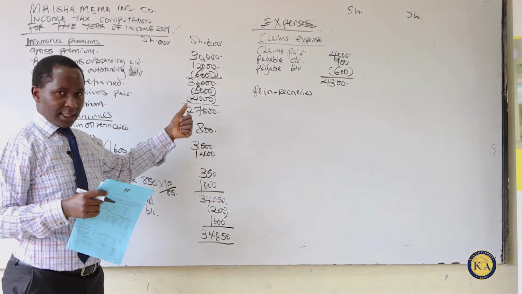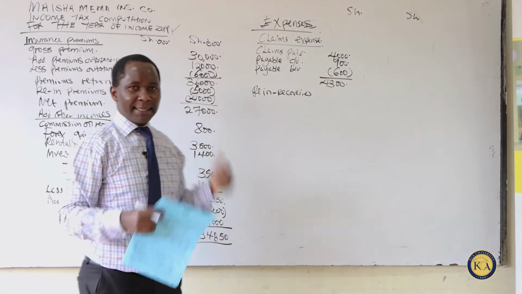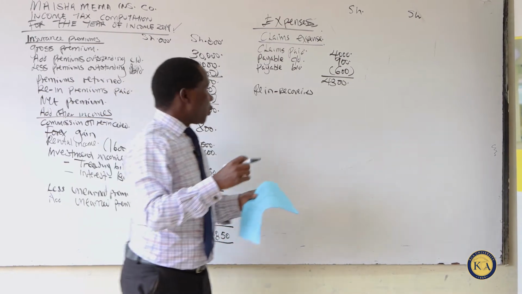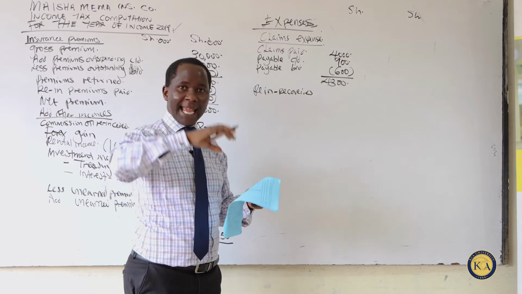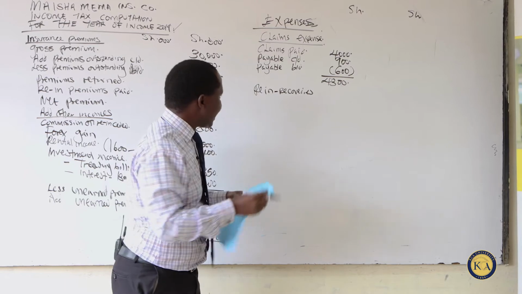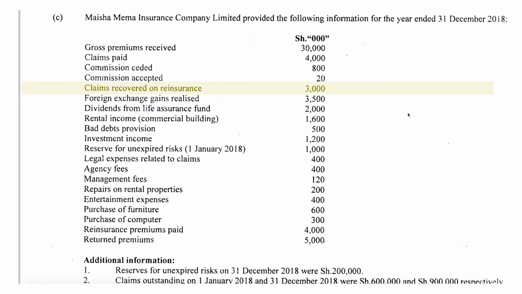So part of the claim expense is going to be settled by their insurers, and for that reason, we'll not consider the entire expense of claims. We only consider the net after deducting these reinsurance recoveries of 3 million, and we are left now with 1.3.